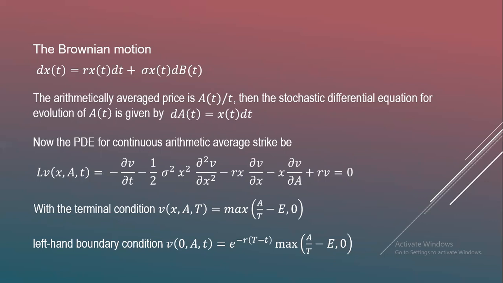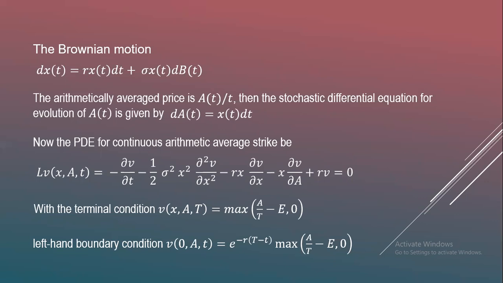So an Asian option allows the buyer to purchase or sell the underlying asset at the average price instead of the spot price.